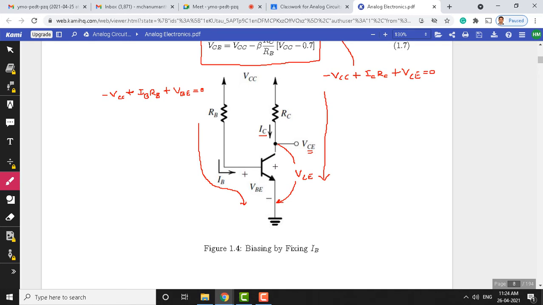Ultimately, our aim is the circuit we have designed with the assumption of constant base current. We will see whether this circuit is able to maintain constant collector current irrespective of variations in the transistor parameters and even temperature variations.